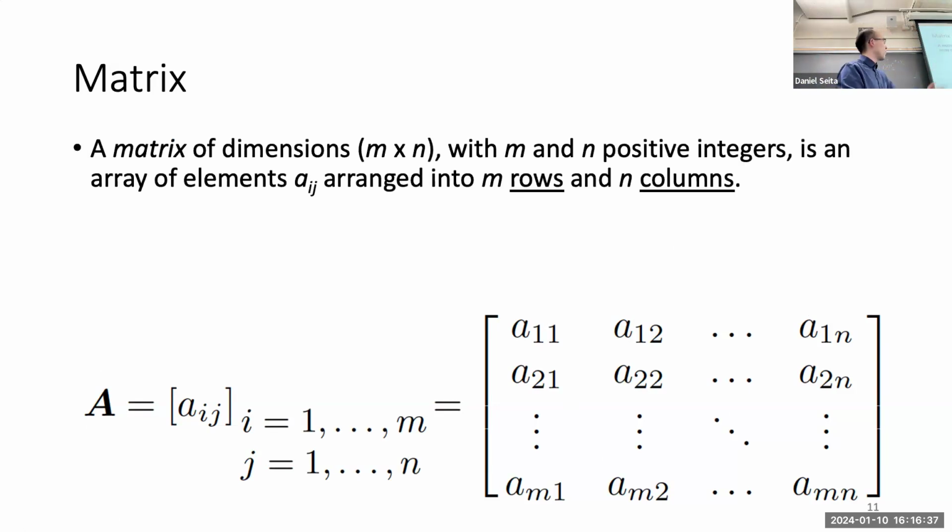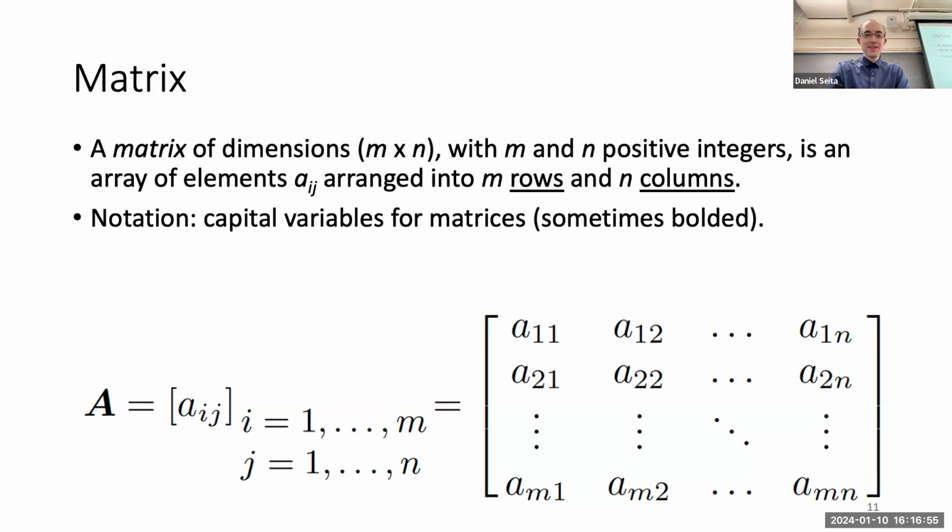So this is an example of a matrix with dimension m by n. Those are the number of rows and the number of columns. Whenever you think of matrices, always think of it as row by column, never column by row. Sometimes people will use a boldface capital letter, and other times just the capital letter.